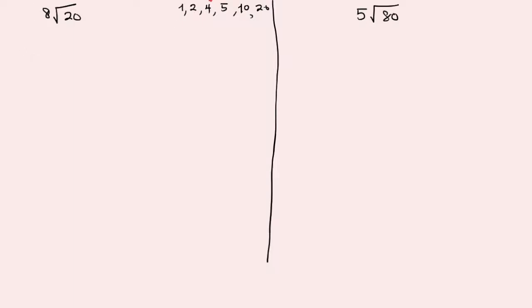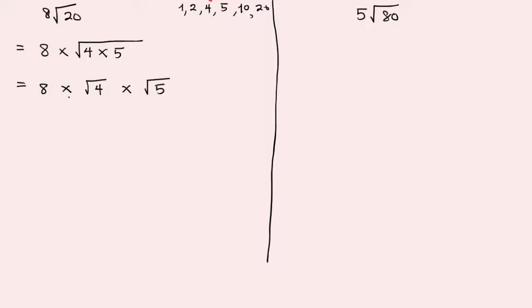So we can rewrite this expression as 8 multiplied by the square root of 4. Now this 8 comes down here. Now we break this 20 down into 4 multiplied by 5. So we can rewrite this as 8 multiplied by the square root of 4 multiplied by the square root of 5.